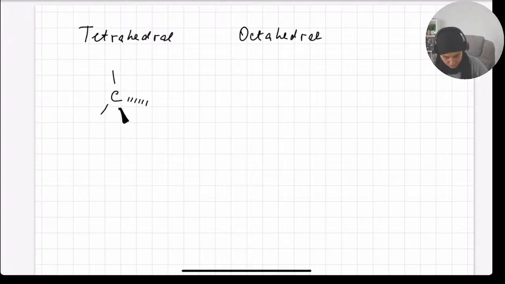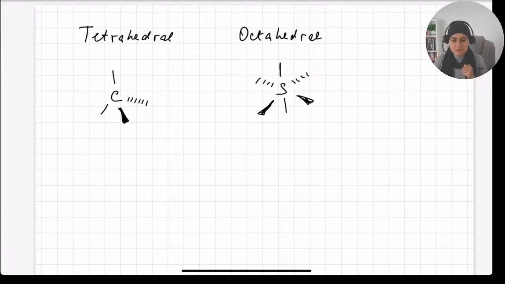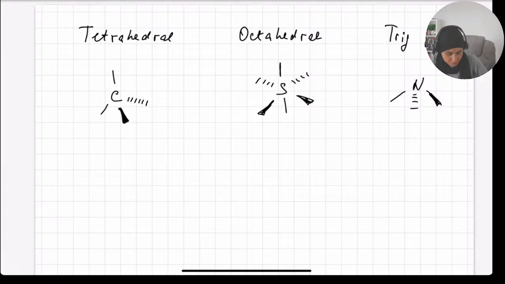If the structure is octahedral, you can draw it in different ways. For example, you can draw these two dashed, these two bold, and these two normal. That works for octahedral structure. And if it's trigonal pyramidal, then you would have normal, like a tripod, dashed and bold.